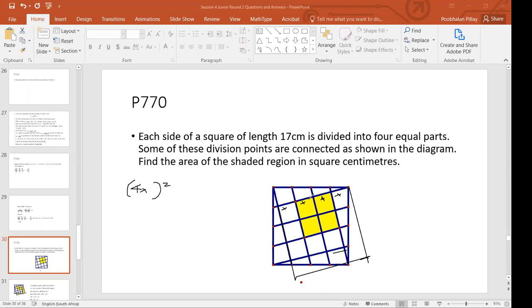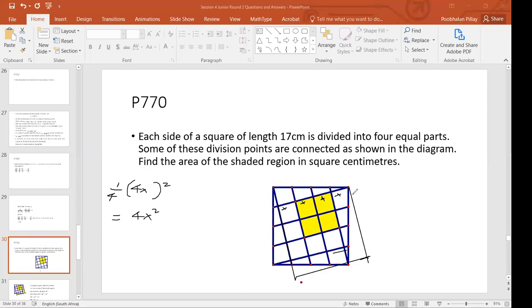That will be the area of this new square, and the yellow part will be a quarter of that. So all I need to do is to calculate x squared, because this one here is 16x squared, and a quarter of that is 4x squared. So I need to calculate x. How do I calculate x?